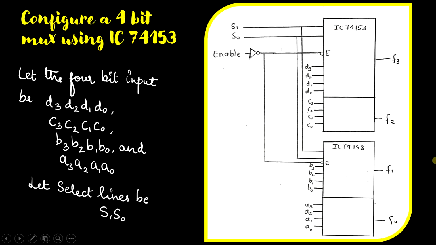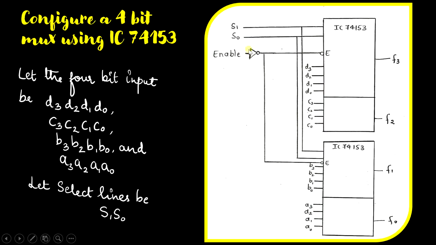As you can see, I have this one single 74153 IC having the bits D and C, whereas I have another IC 74153 having bits B and A. In both cases, what I need to ensure is that if the circuit has to function, I need to have the enable input at logic 0.